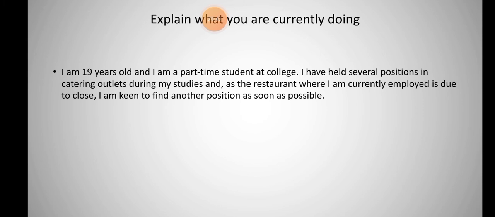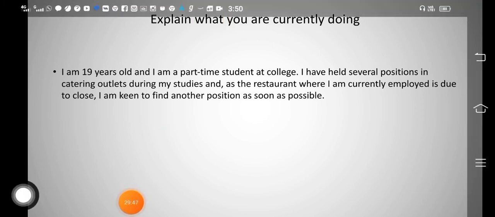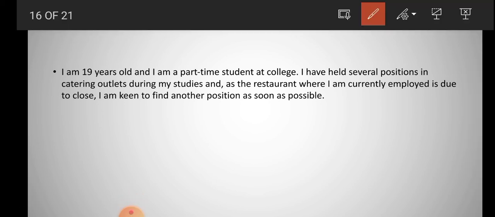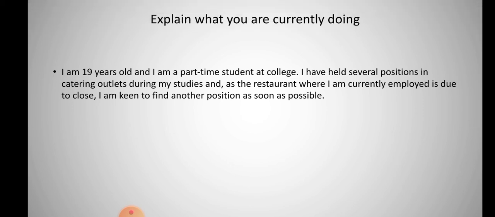Let's explain the first bullet point. The bullet point was to explain what you are currently doing. All right, let's read this. I am 19 years old and I am a part-time student in college. I have held several positions in catering outlets. Now see, this is what you are currently doing.